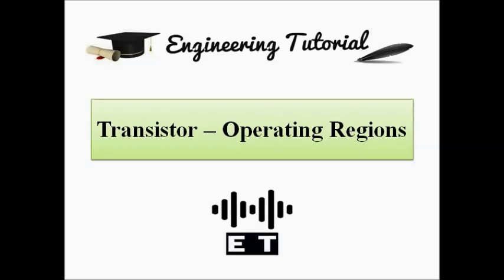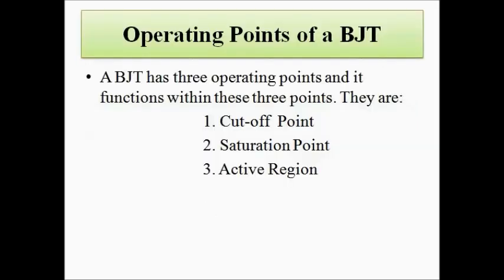So in today's video we will discuss the operating regions of a BJT, or the modes of operation of a BJT, the ways in which a BJT operates. We will discuss that. So let's get started. First are the operating points or the operating regions of a BJT.